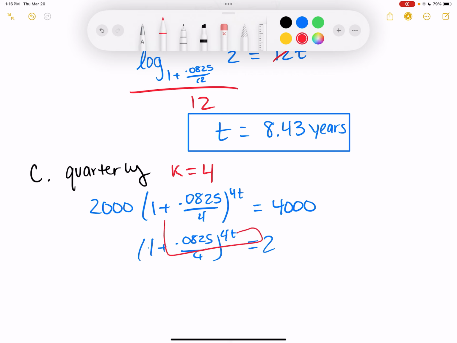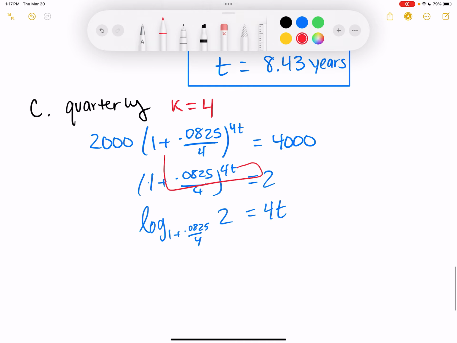Log base 1 plus 0.0825 over 4 of 2 equals 4t. And divide by 4.